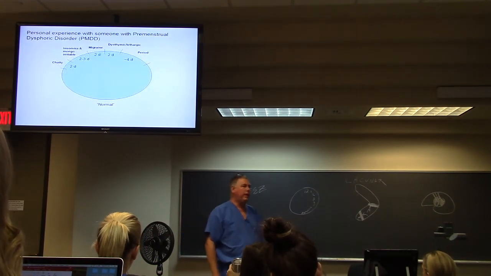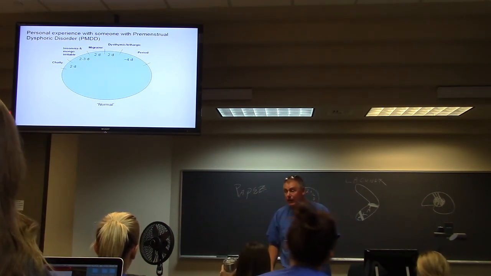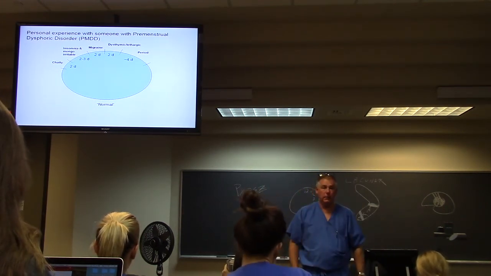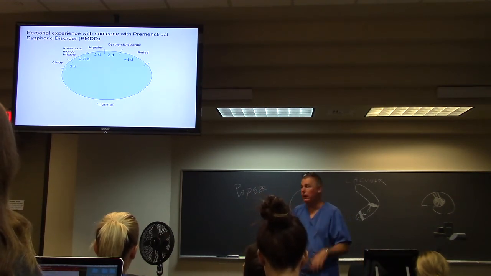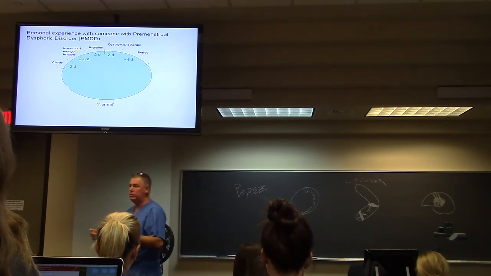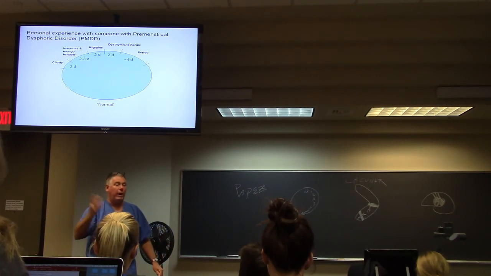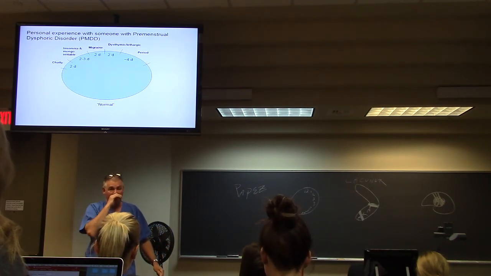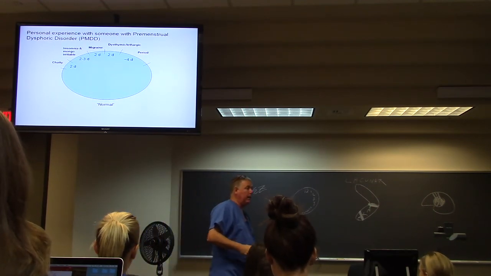The most severe form of PMS is PMDD, premenstrual dysphoric disorder. I don't know if you guys know anybody with it or if you have it, but it's the most severe form. It's PMS squared. I have personal experience living with somebody with PMDD, and there are criteria.